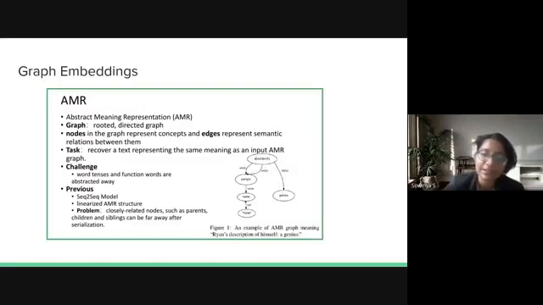Person's argument is name, name's value is Ryan. So there is link prediction, there is node classification, and this is a very rich representation, and we want to convert this to text, basically get the sentence, or the more interesting task of the reverse, that given a text we want to generate the AMR representation.